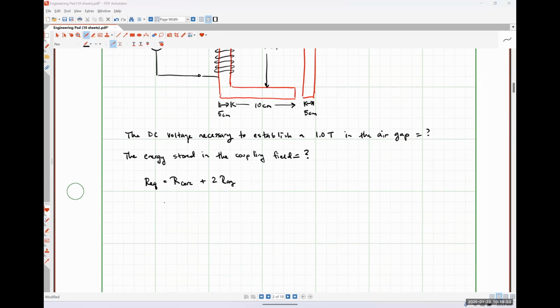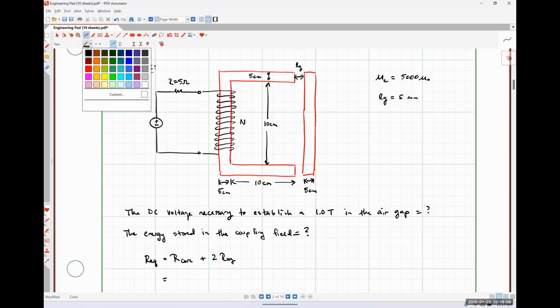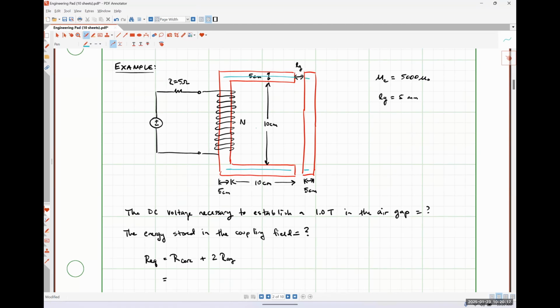So what is the length of my core? Let's start there. Okay. So I believe that I've got this full 10 centimeters down here, and then I've got half of 5 centimeters and half of 5 centimeters, so that's going to look like 15 centimeters on the bottom. Exact same distance on the top, so this part contributes another 15 centimeters, and this guy is going to be 15 centimeters, 10 plus half of 5 plus half of 5, and this part right here is also going to be 15 centimeters.